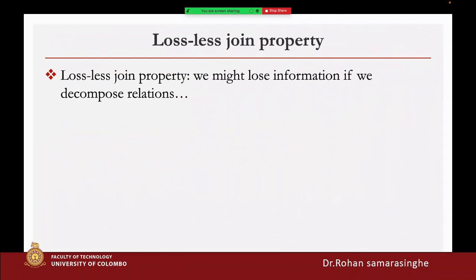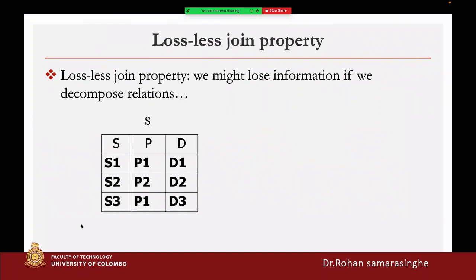With the lossless join property, we might lose information when we decompose the relation. For example, let's take a relation S with attributes S1 P1 D1, S2 P2 D2, S3 P3 D3.